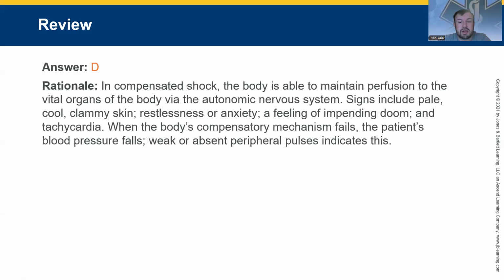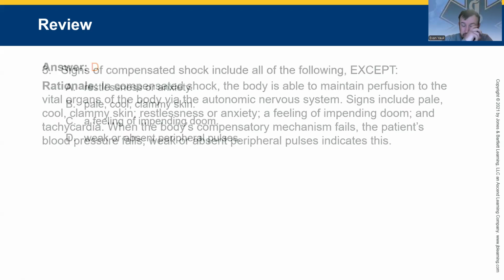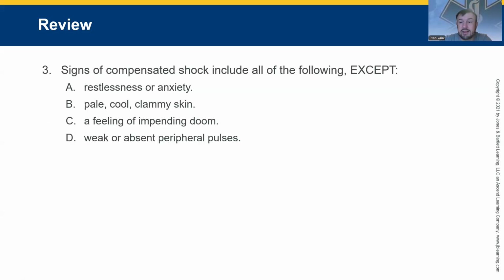In compensated shock, the body is able to maintain perfusion to the vital organs via the autonomic nervous system. Signs include all of those, but that weak or absent peripheral pulse, that is decompensated shock. Everything is starting to shut down and give up, so we are not getting that constant good pulse. Our heart's slowing down. We're giving up.